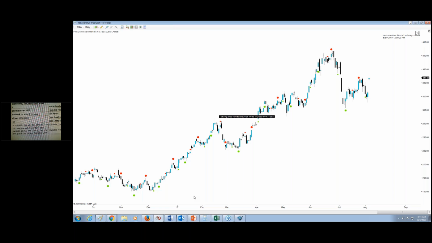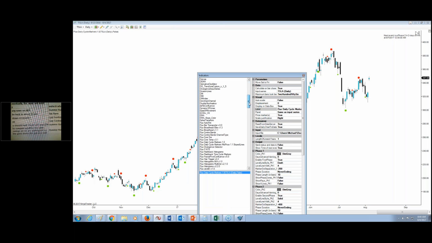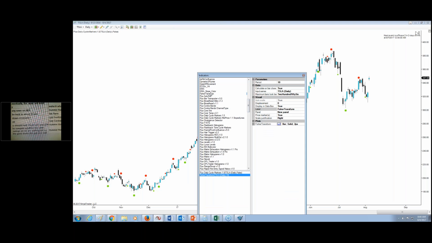Okay. If we look at Tesla, what do we notice? Anybody have any insights?